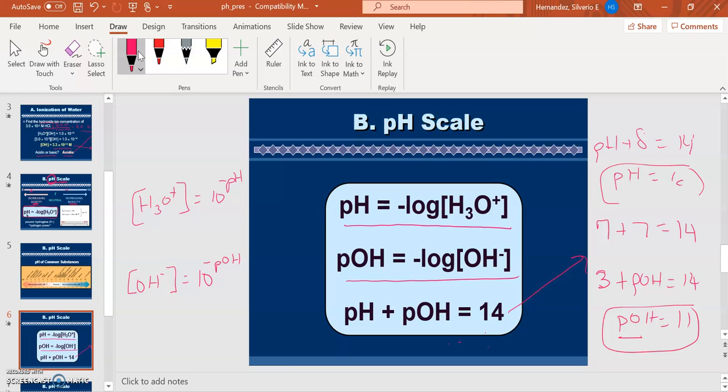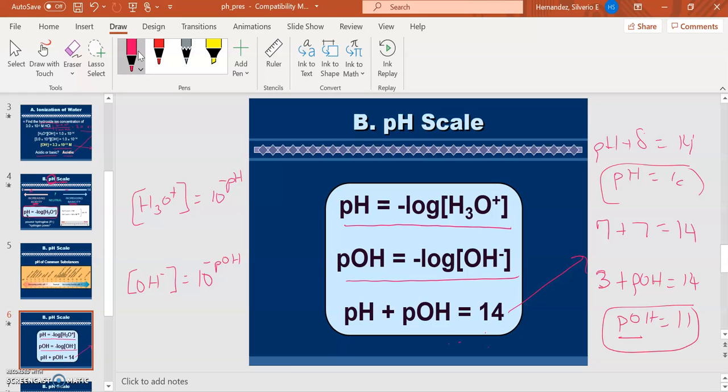And then the last two equations that you may need: if they give me a pH and I want to convert that into a concentration, this is the equation you would use. You would take 10 to the negative value of the pH. Or if they gave me a pOH and they wanted me to determine the concentration of the hydroxide ion, I would take 10 to the negative value of the pOH, just like I did up here with the pH.